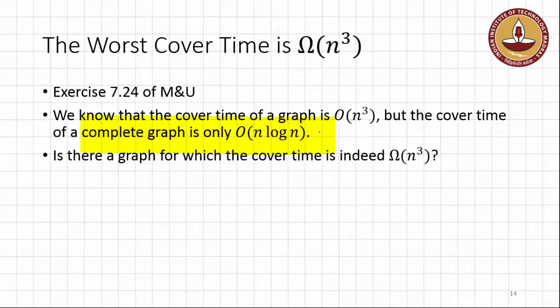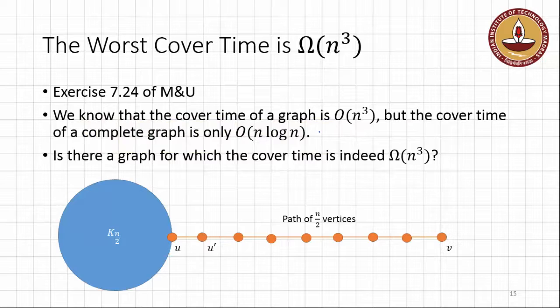You may want to prove that this is in fact correct, and I just want to remind you that this is connected to the coupon collector's problem. So the obvious question now is: is the O of n cubed upper bound on the cover time really tight? In other words, is there some bad graph for which the cover time is indeed big omega of n cubed? As it turns out, it is in fact tight.